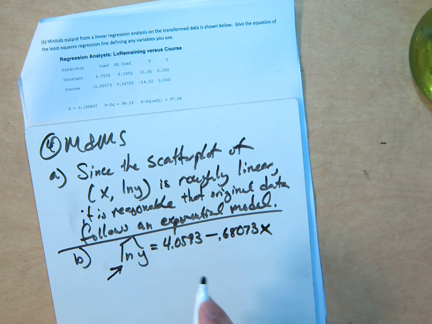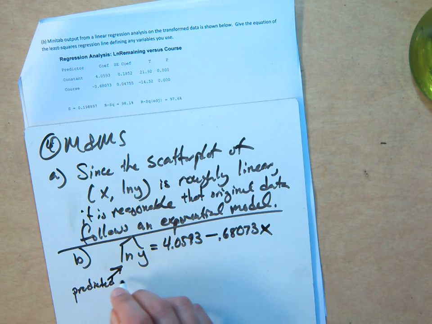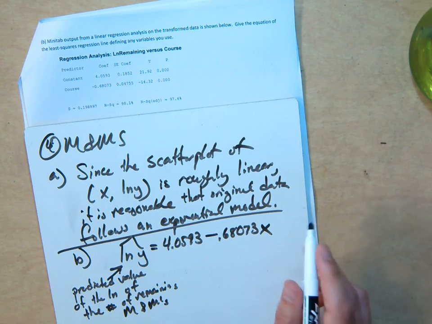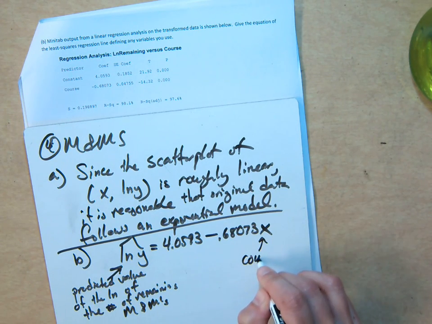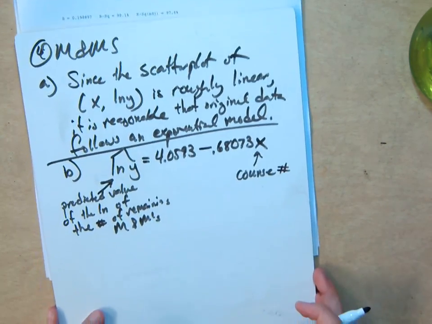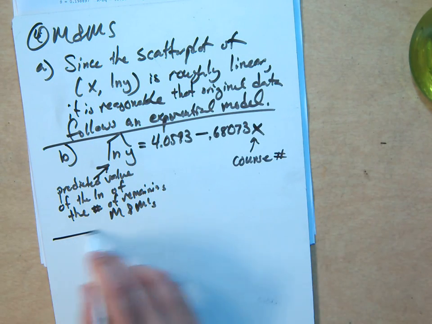The natural log of y hat is the predicted value of the natural log of the number of remaining M&Ms, and x is the course number, meaning first feeding, second feeding, etc.